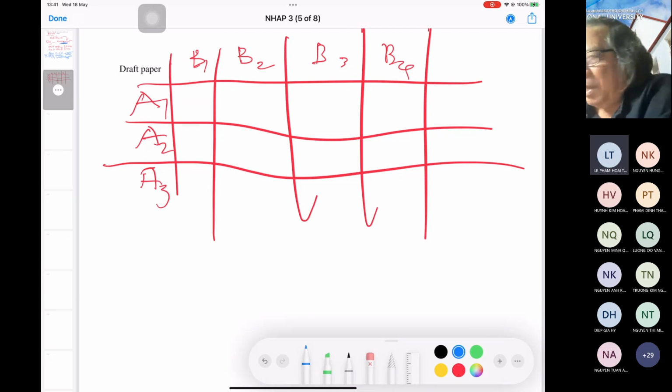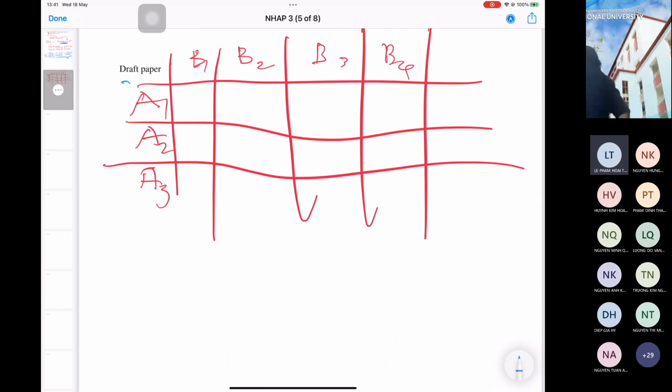Let's look at the first question. Here: minus 8, minus 6; minus 2, minus 8.